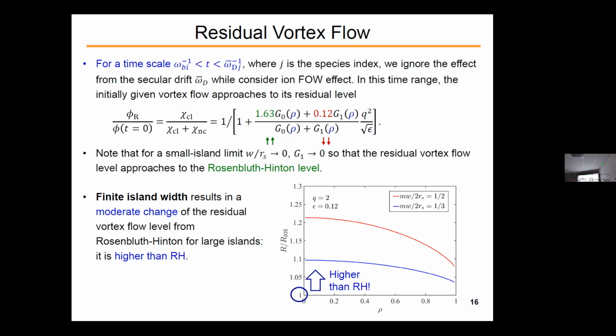So we get a higher residual level of vortex flow inside the magnetic island compared to Rosenbluth-Hinton, but this is rather a minor modification.